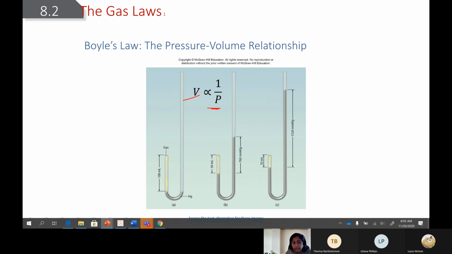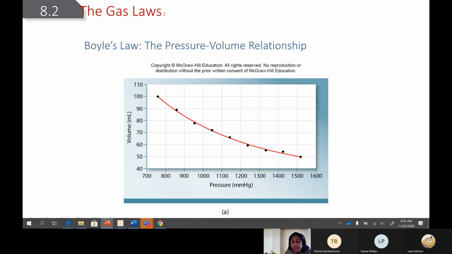What does it mean? When you look at a graph like this, if you are increasing the volume of a gas sample, that will decrease its pressure. That is what is said by Boyle's law. So you will see now we are increasing the volume, then you will see it is decreasing the pressure.